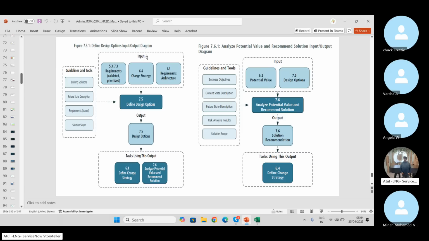Also, if you see the next step, it says analyze potential value and recommend solution, which means the actual analysis as per the value will happen there. Here we will see what is the best solution method which can help us achieve the business need, and that should be applicable across the requirements.